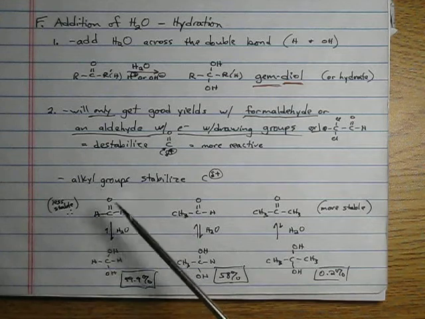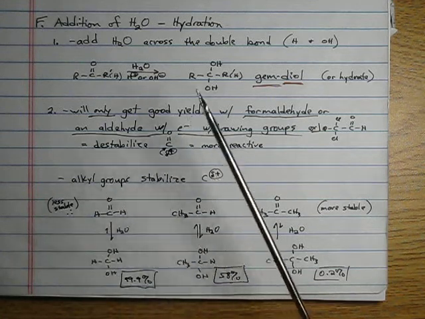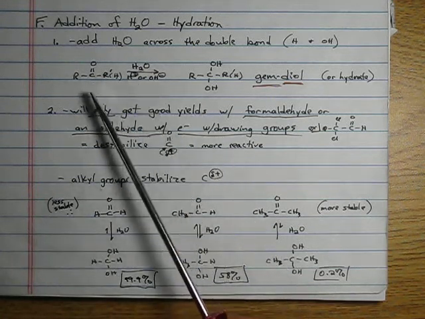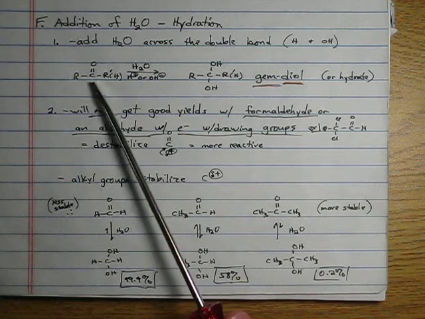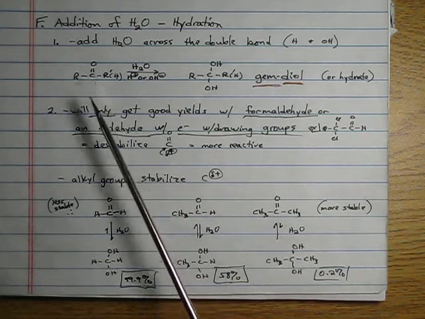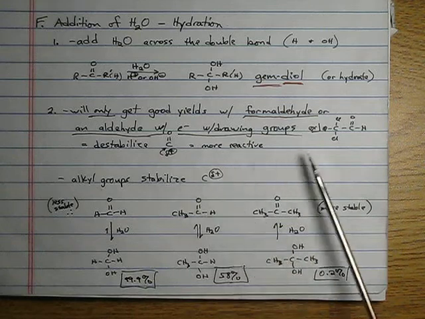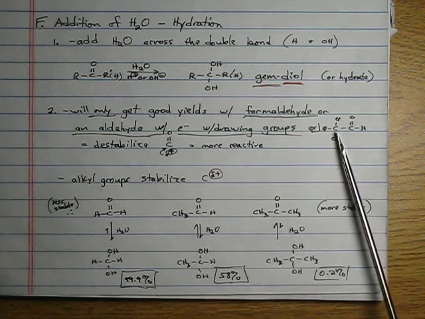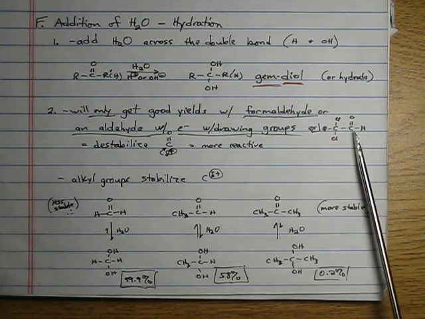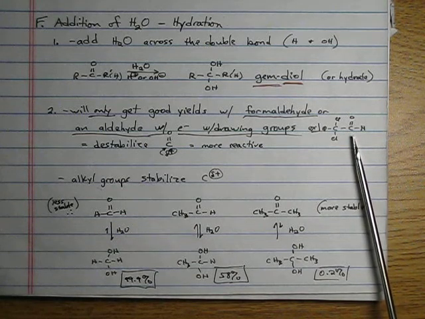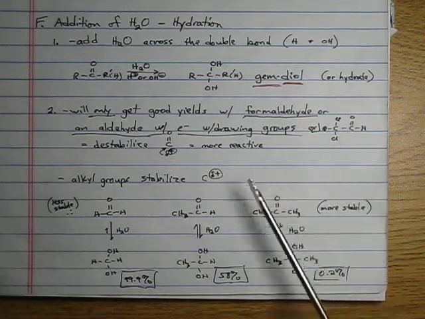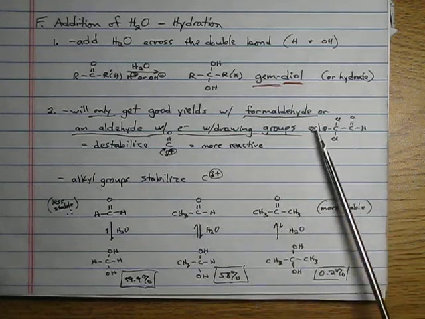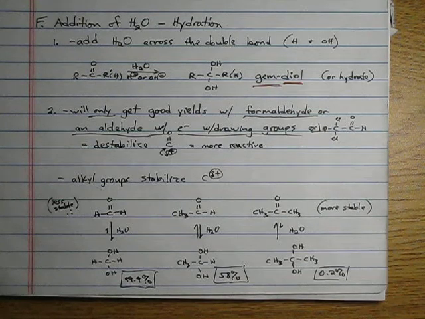So formaldehyde is going to add water nicely. If we made this carbon a little bit more positively charged, did something crazy like put 3 chlorines on the carbon next to that carbonyl carbon, then we'd expect through inductive effects that this carbonyl carbon would have a much higher positive charge, and so we'd expect that reaction to go. But when was the last time you saw this beast in the lab? That looks scary.